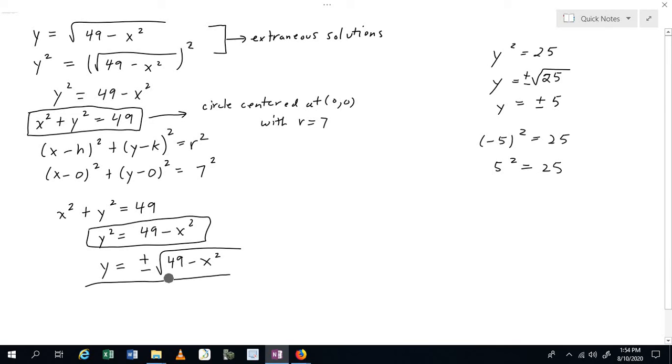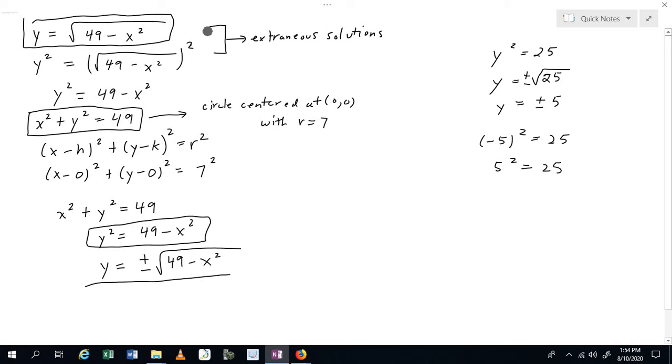Now, having said that, that's not the same thing as the original equation that we started with. Notice the difference between the two is that this one has the extra possibility that y could equal the negative of this square root, whereas this one is simply the positive square root of 49 minus x squared.